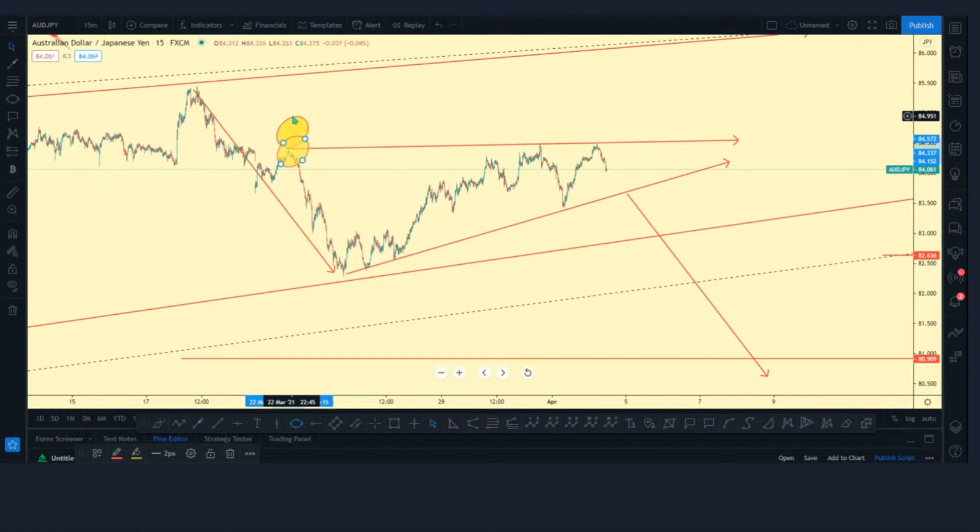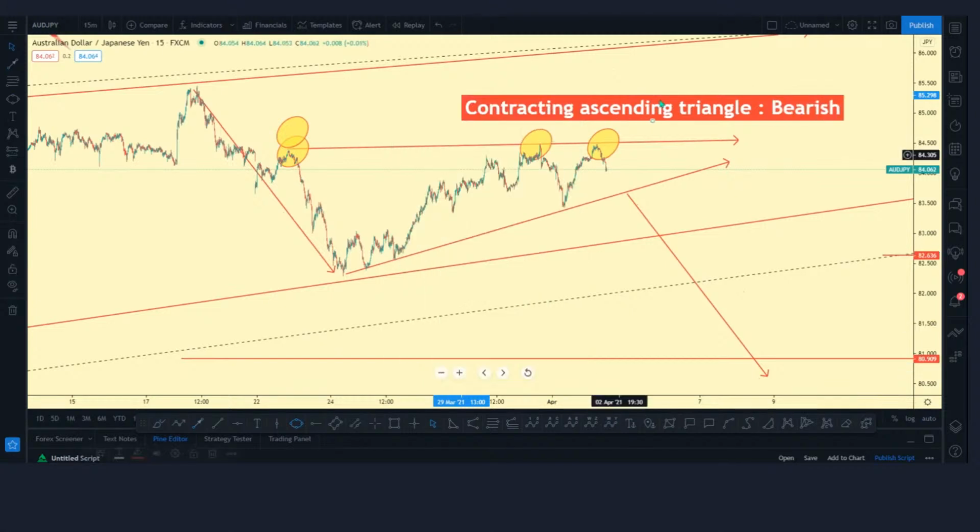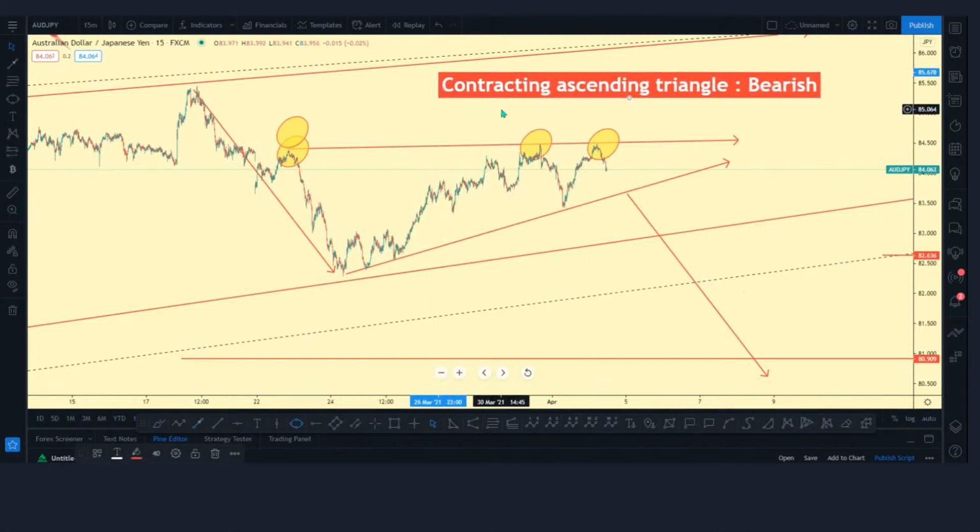So it's important to keep holding. Okay, so you expect this will break from here.